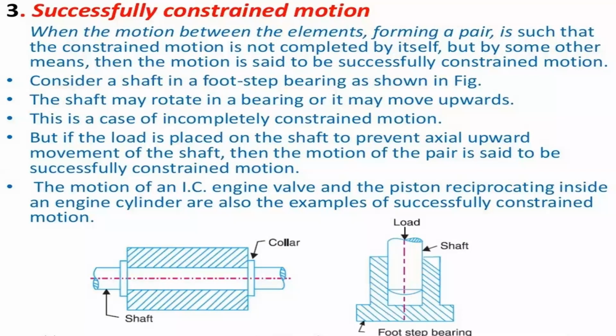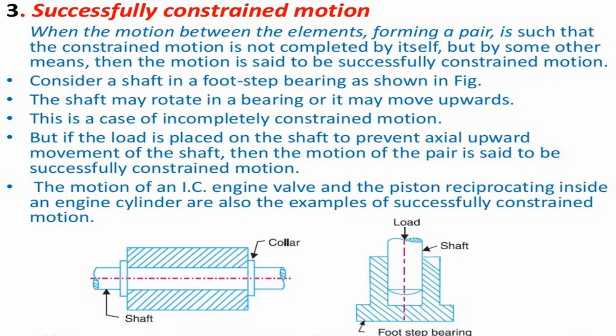Consider a shaft in a footstep bearing as shown in the figure. The shaft may rotate in the bearing or it may move upwards. So this is a case of incompletely constrained motion.